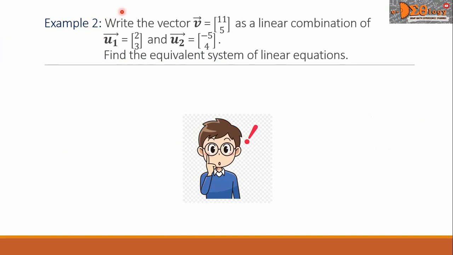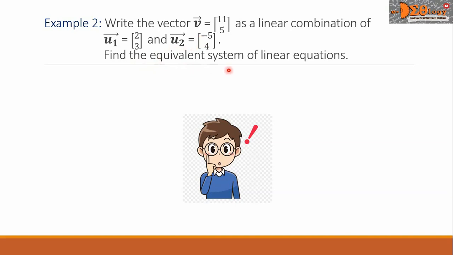Example 2. Write the vector v equals the column matrix 11, 5 as a linear combination of vector u sub 1 equal to the column matrix 2, 3 and vector u sub 2 equal to the column matrix negative 5, 4.